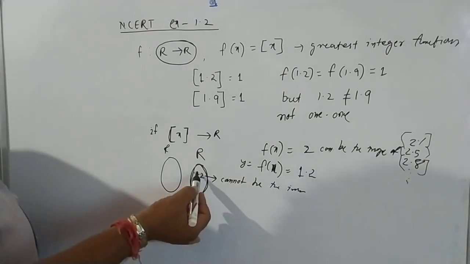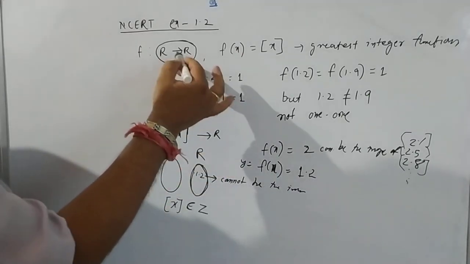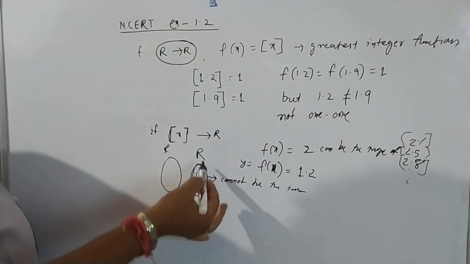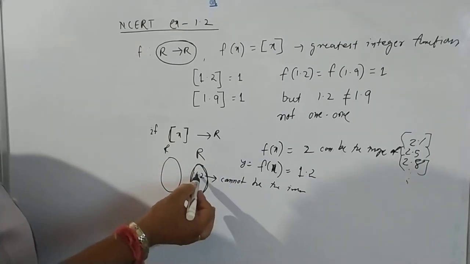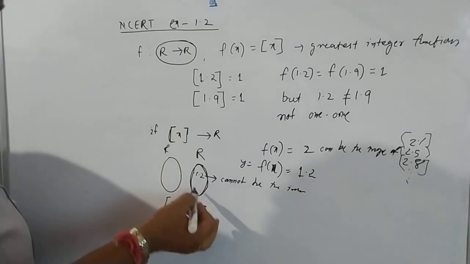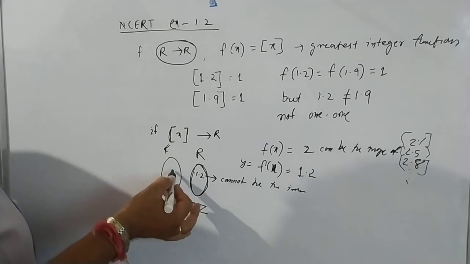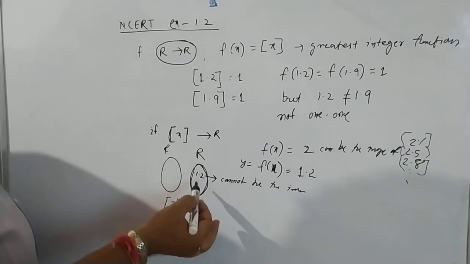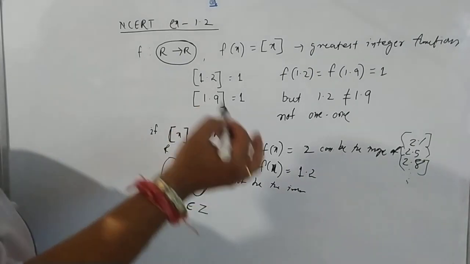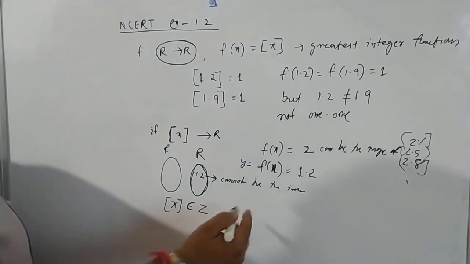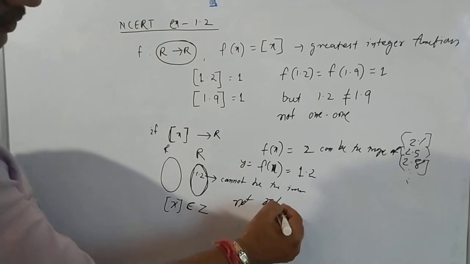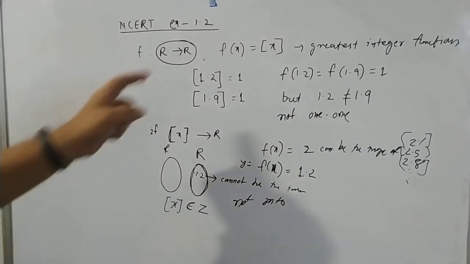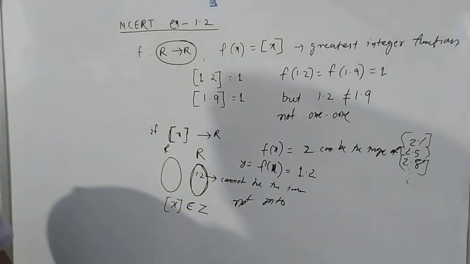Hence 1.2 is an element in the set, but it cannot be an image, as 1.2 does not belong to the integers, hence it is not onto. So it is neither injective nor surjective.